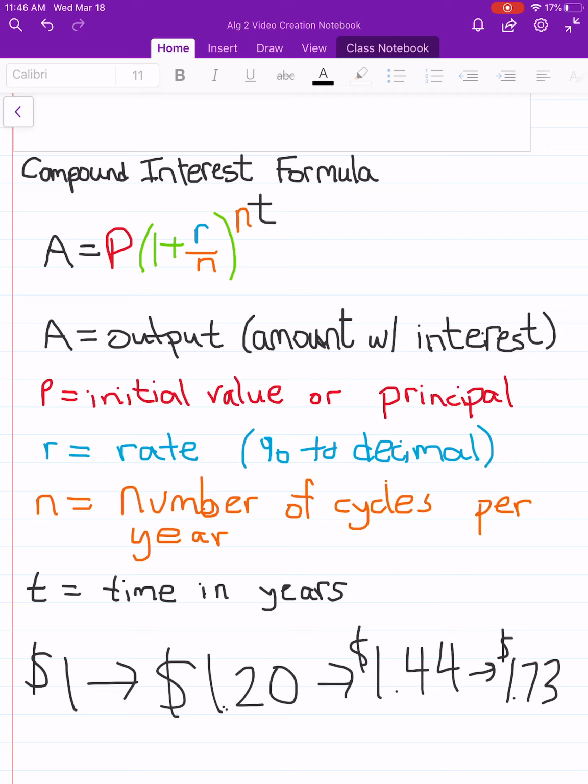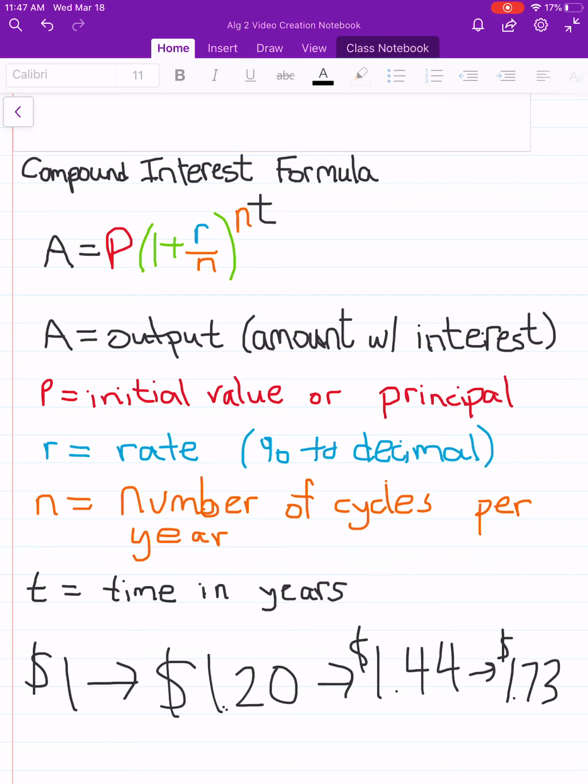Most of the time, they call it the principal. The r represents our rate, just like before. We have to change the percent to the decimal. And the n talks about the number of cycles per year, which we'll go into a little bit more detail about. And the t represents the time in years.